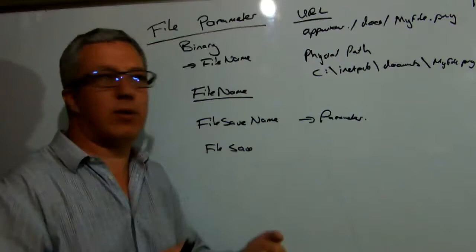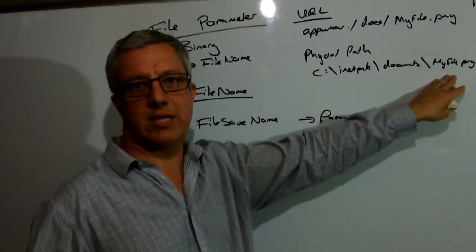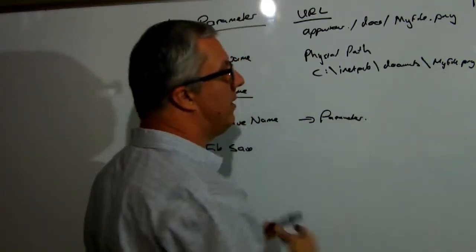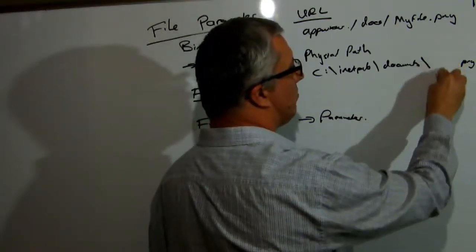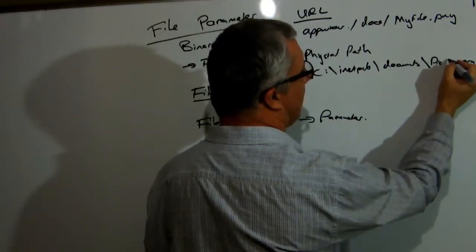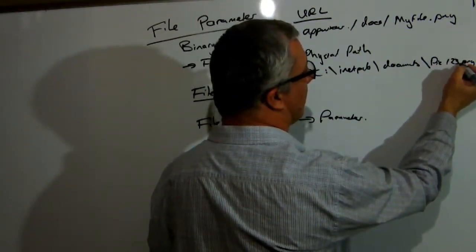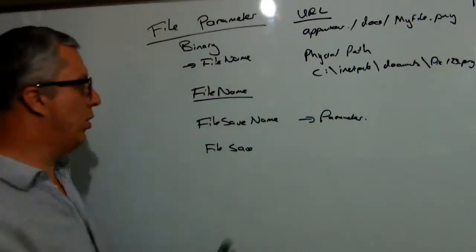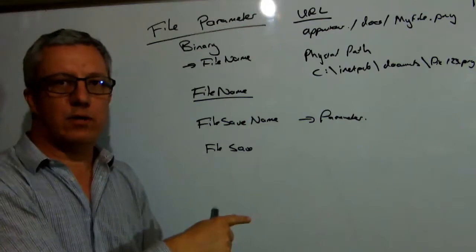It's going to overwrite my file because I'm actually saving with the same file name. So what we generally do when we build a file name is we don't use a name like that. We use a generic name, with then an ID number, and that ID number is my corresponding record where I want to link this file to.